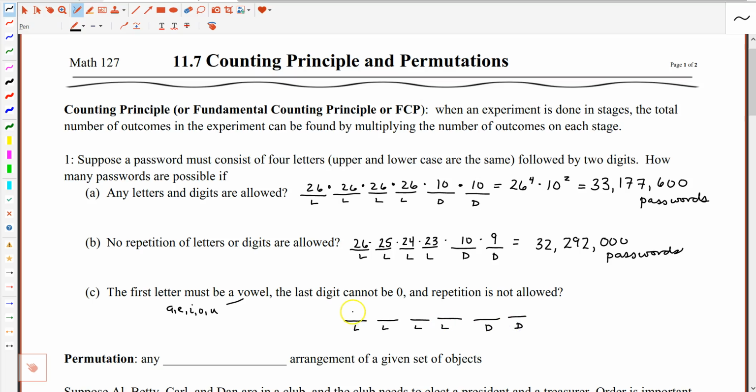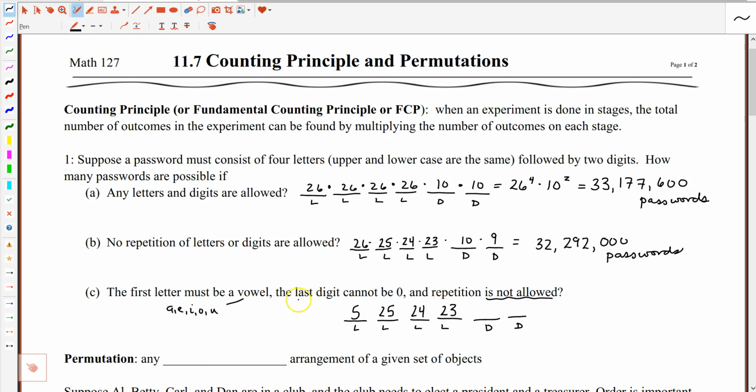Now the first one has to be a vowel, so there are 5 possible letters for that first spot. Now repetition is not allowed, so once one of those vowels is selected, there's only going to be 25 letters for that second spot, and then the count's going to drop down through the letter spots. Now let's go to the digits.